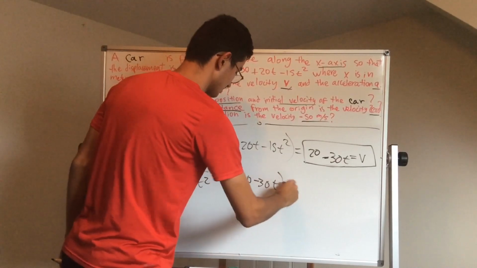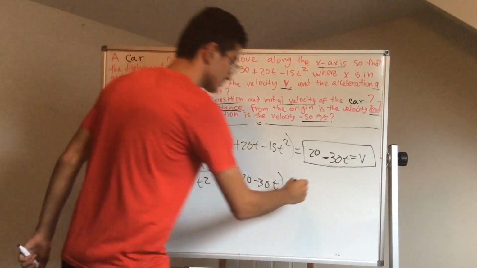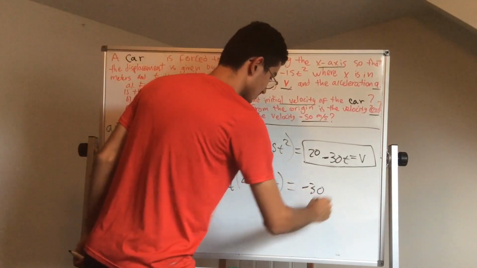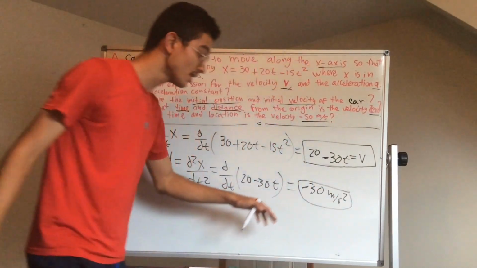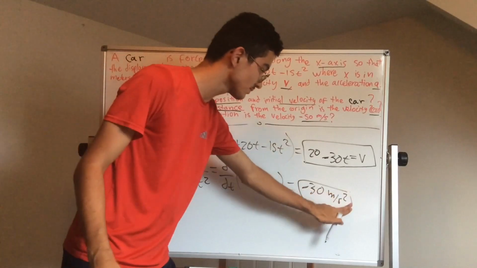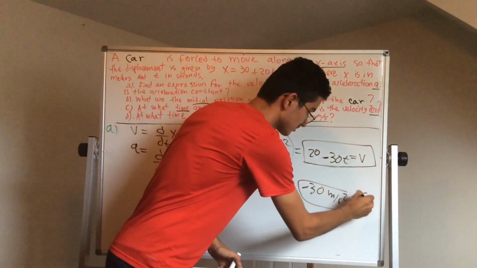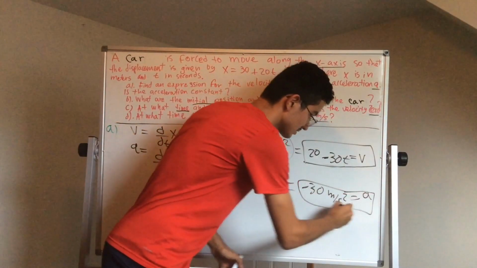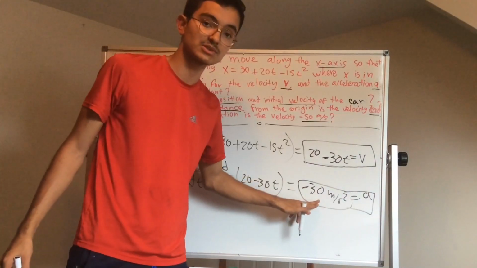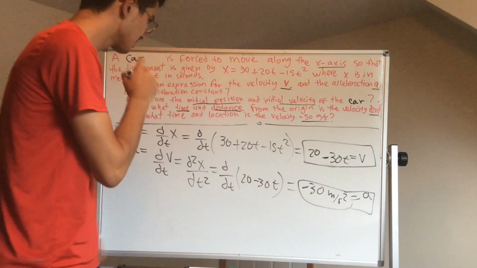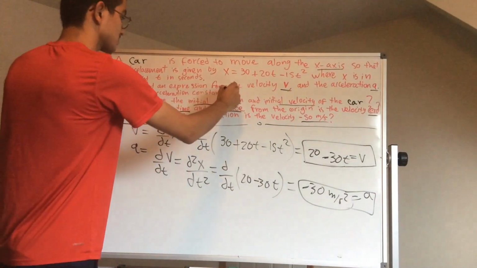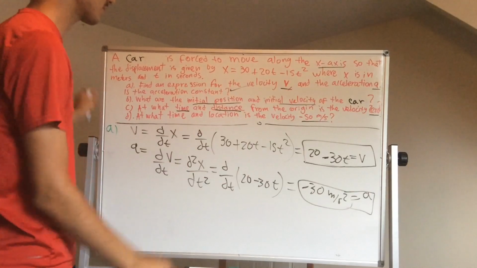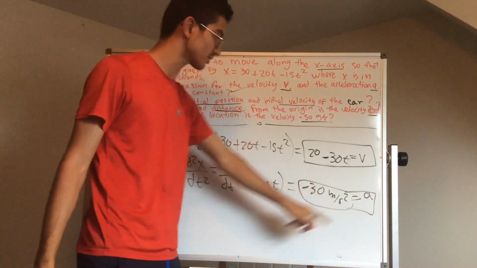The derivative of 20 minus 30t is just negative 30 meters per second squared. That tells us the acceleration is constant, it's always negative 30 meters per second squared. So we can say yes for that question.